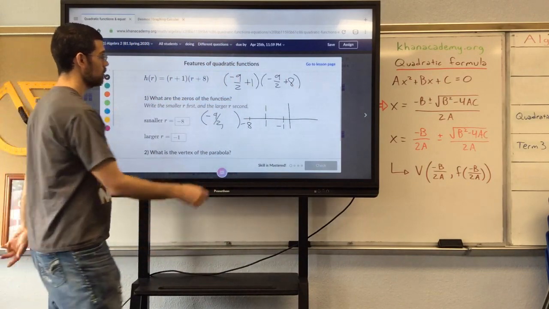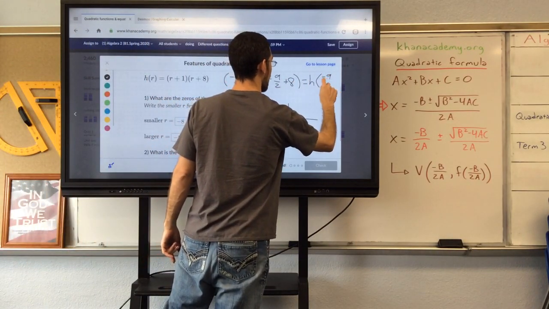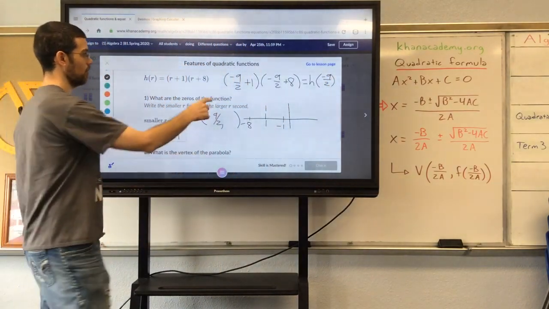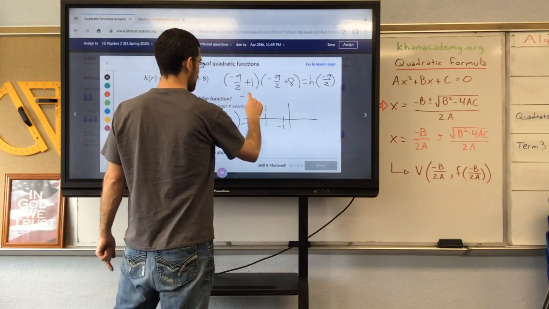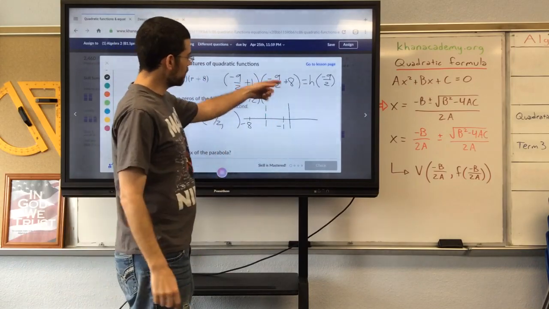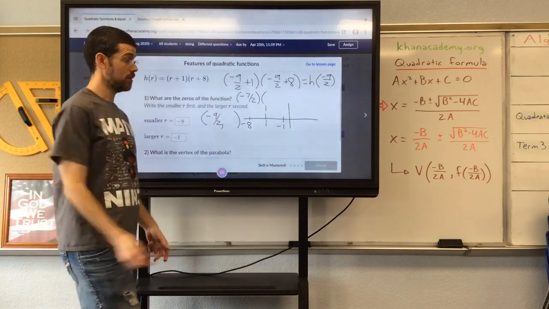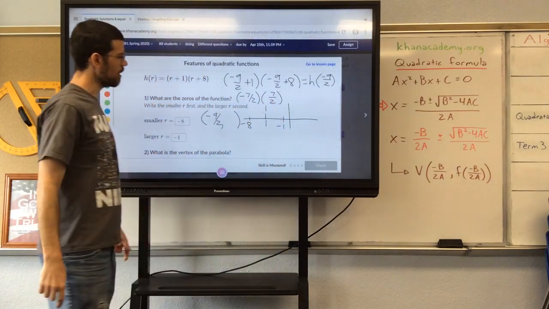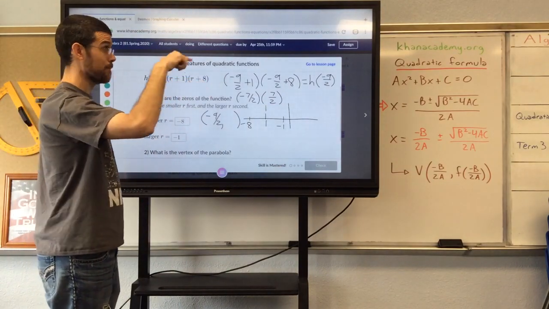And that will equal h of -9/2, which is our y value at the vertex. So -9/2 plus 1 is -7/2. -9/2 plus 16/2 is 7/2. Let's see. 16 minus 9 is 7.